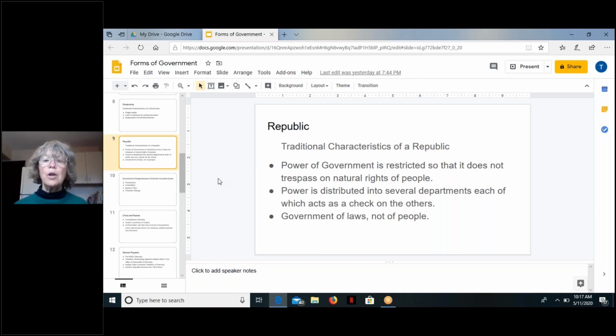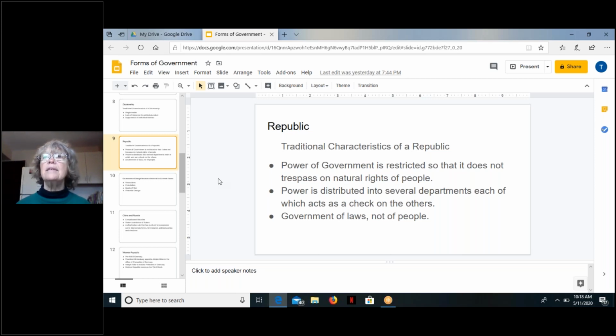And power, as it's restricted, is also distributed among departments. Each of these departments has an opportunity to check the work of the other parts of government so that none of those parts becomes dominant or outweighs the value of the other parts of the same government.